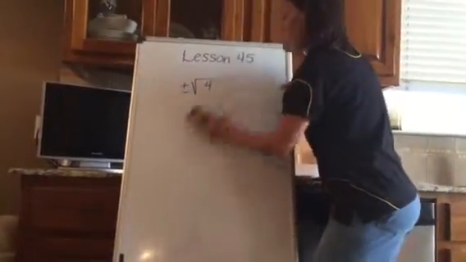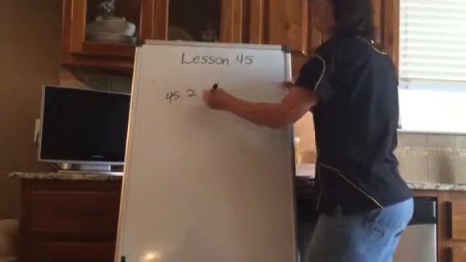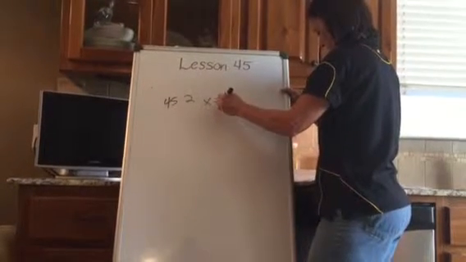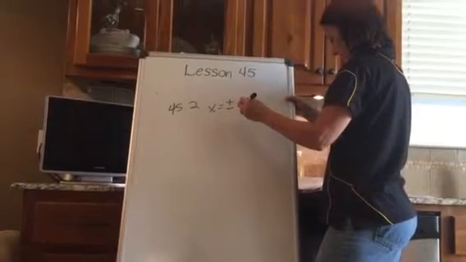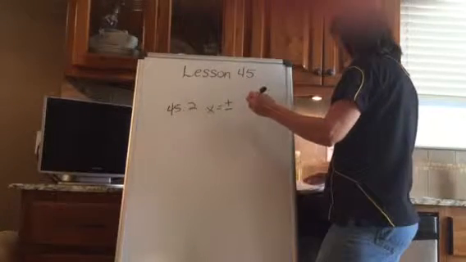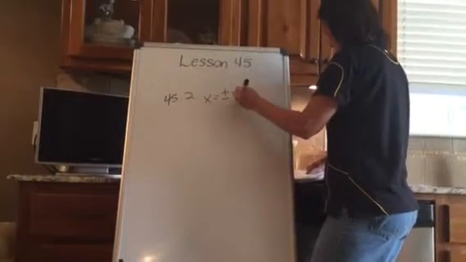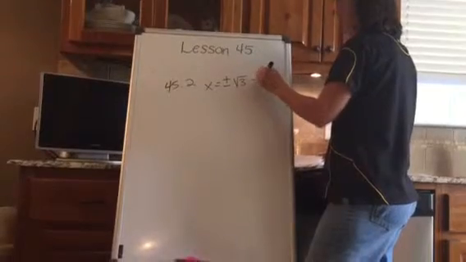So back in 45-2, we had x equals plus or minus the square root of 3, minus 2/5, right?